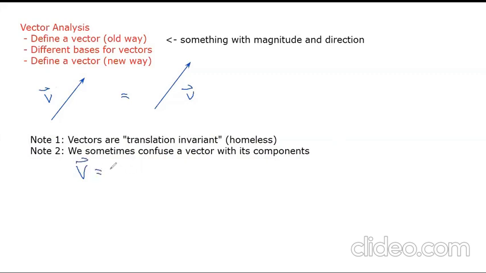And I can write that vector v has components vx i hat plus vy j hat. Right? So this is kind of useful, and they give us precise numerical answers, but this isn't the vector. This is just what's called a particular representation of a vector. And it's not unique.